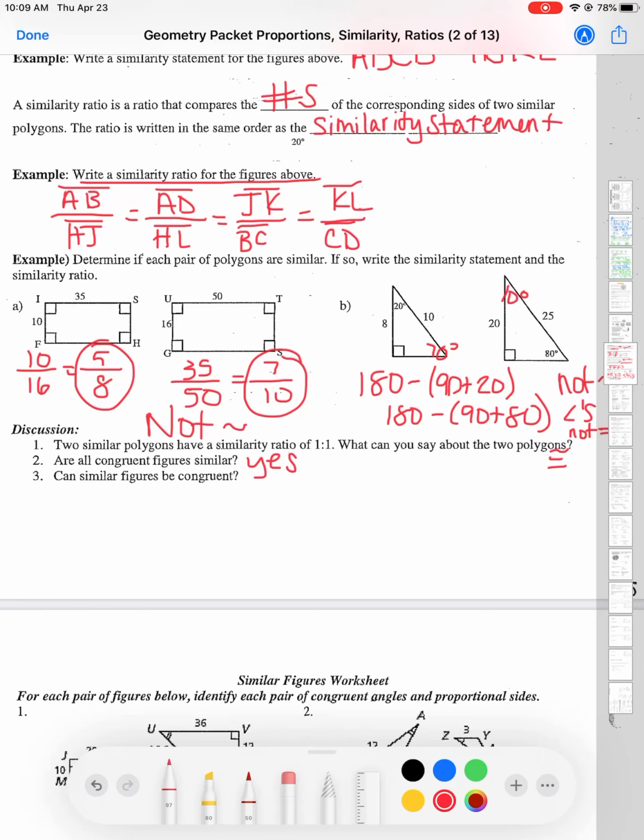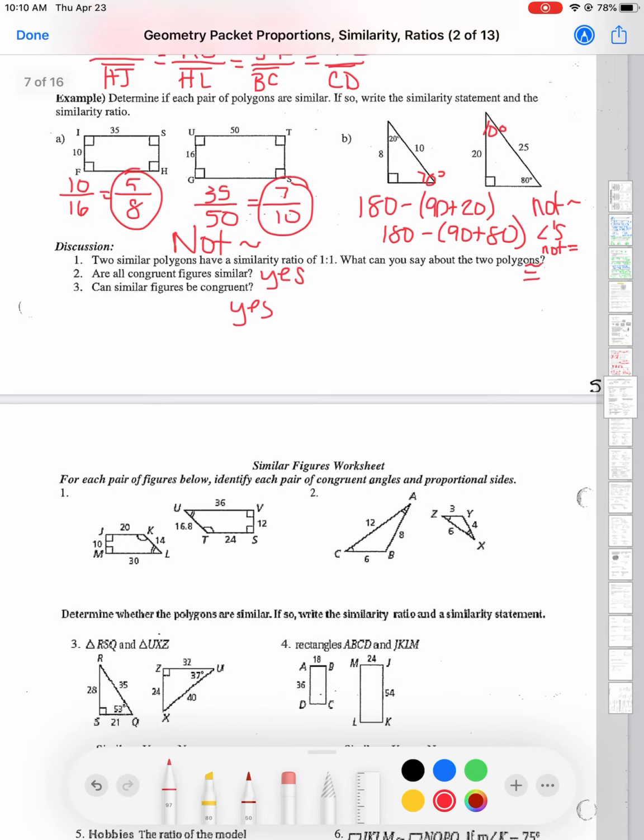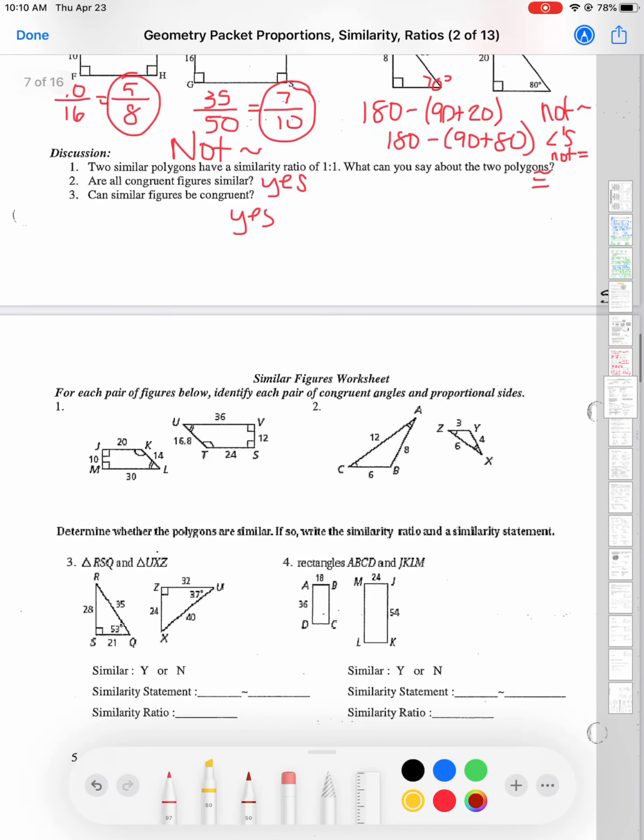And our answer is yes. They're just a very, very specific kind of similar. Can similar figures be congruent? And yes, they can be, but not all are. It's kind of like the discussion we had. Not all cars are Chevys, but all Chevys are cars, or vehicles, not cars.